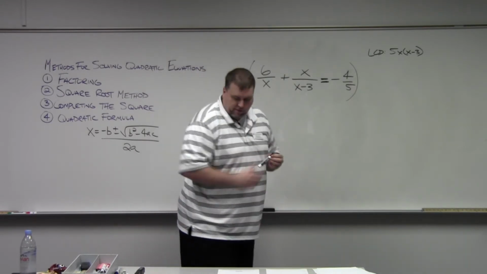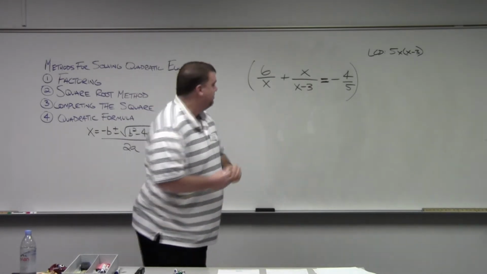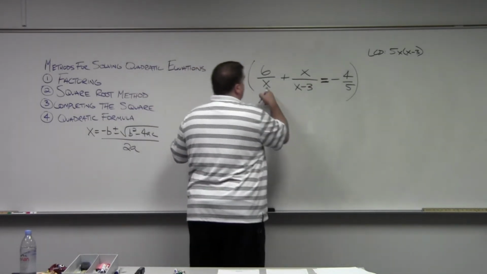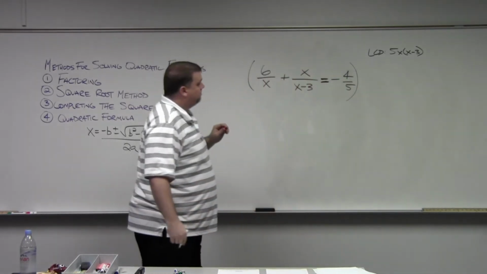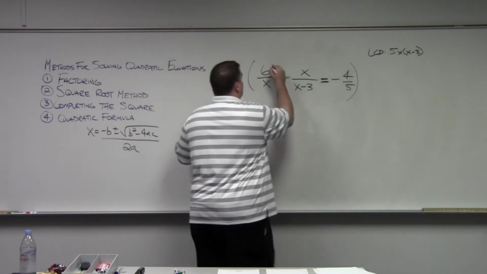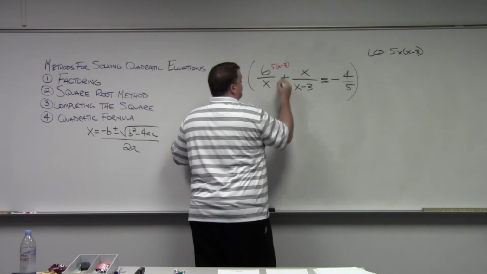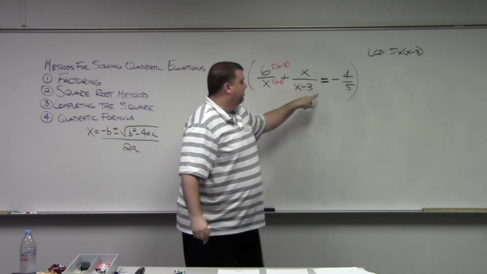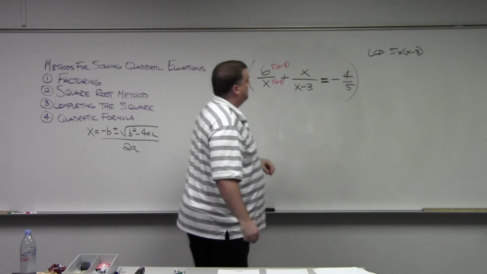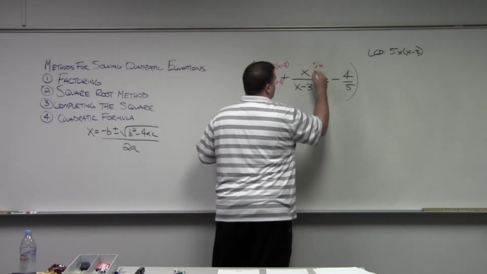What would I need to multiply my first fraction by in order to get the same LCD? It has an x, so what is it missing compared to my LCD? 5. And what else? x minus 3. What's the middle fraction missing compared to my LCD? 5x.